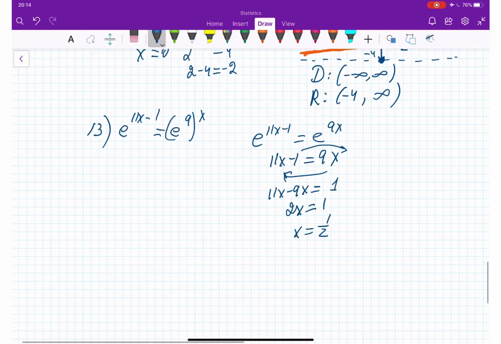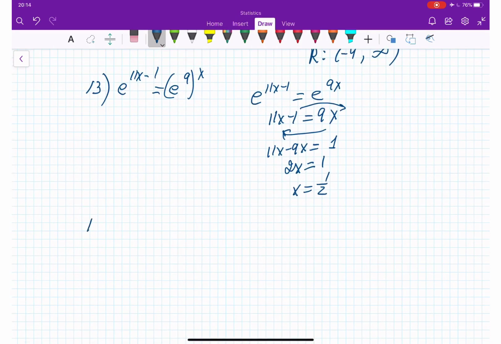Number 14. 256 to the power 4x is equal to 64 to the power x plus 2. Okay, so 64 is 4 to the power 3, to the power x plus 2.